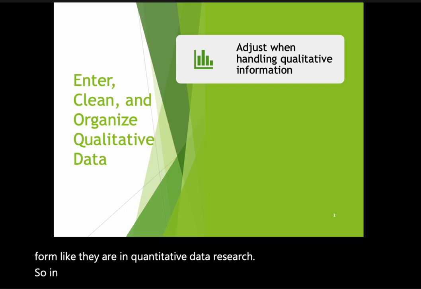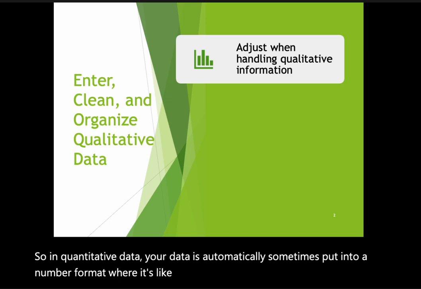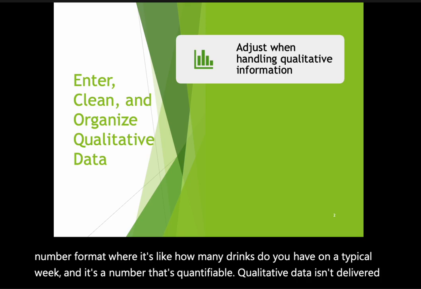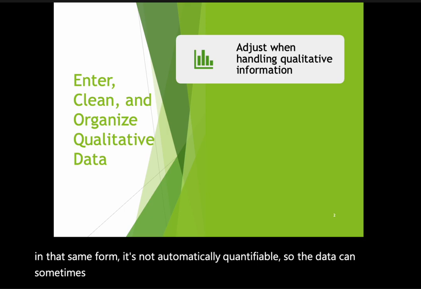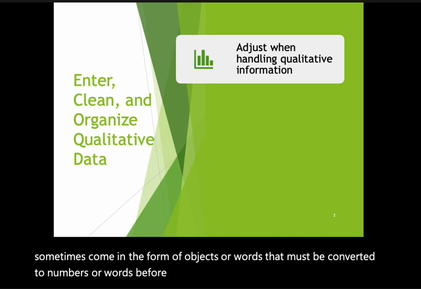In quantitative data, your data is sometimes automatically in a number format, like how many drinks do you have in a typical week? And it's a number. That's quantifiable. Qualitative data isn't delivered in that same form. It's not automatically quantifiable. So the data can sometimes come in the form of objects or words that must be converted to numbers or words before it can be analyzed.